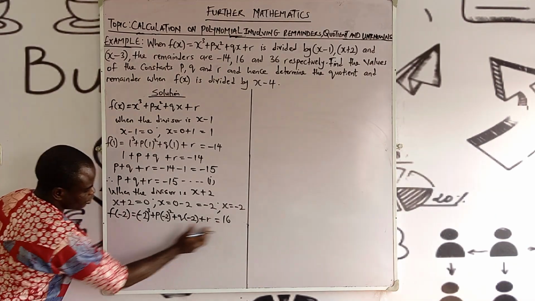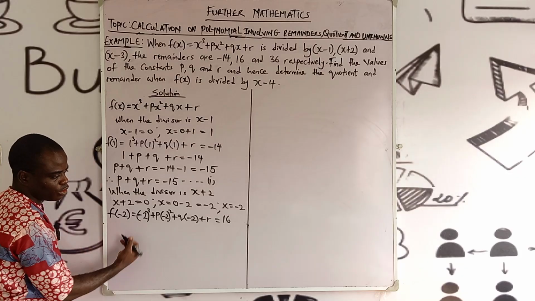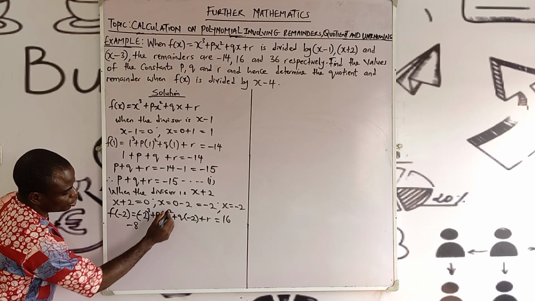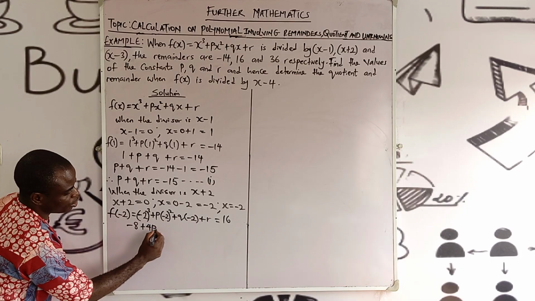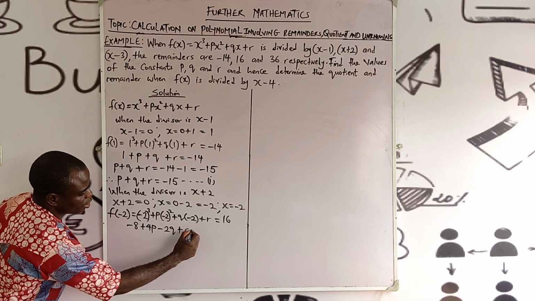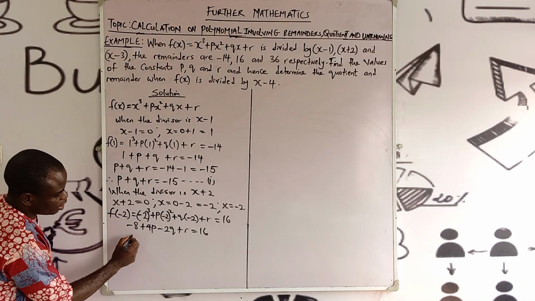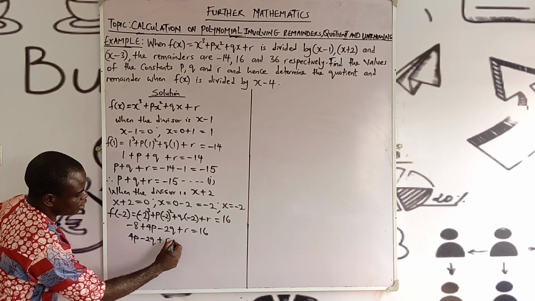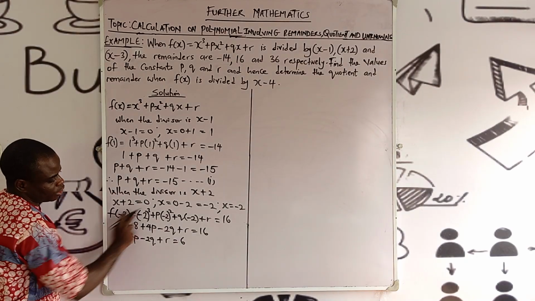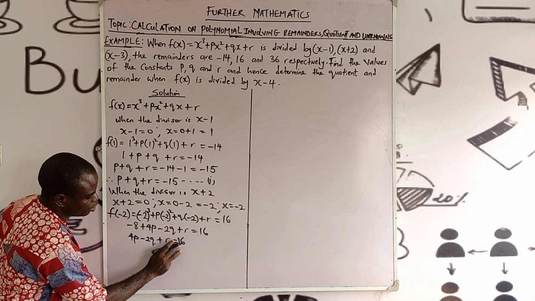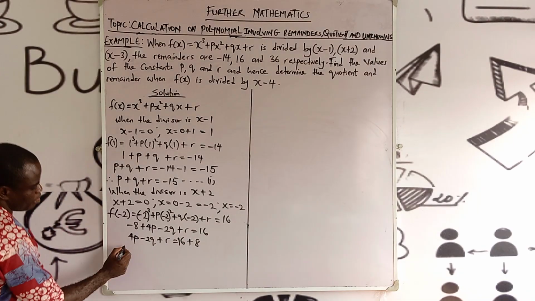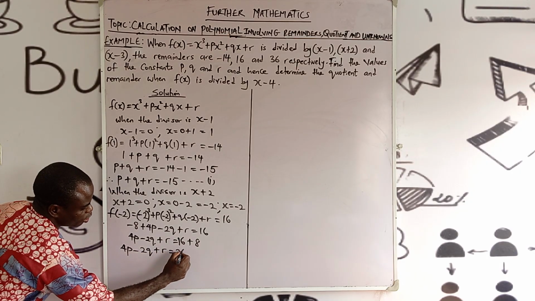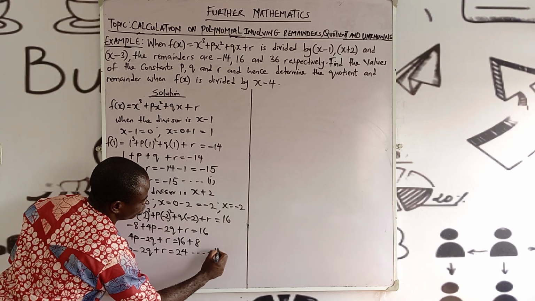Forget about the f of minus 2. Now minus 2 raised to the power 3 is minus 8, minus 2 squared is 4, so 4p minus 2q plus r equals 16 minus 8... taking it across, 16 plus 8, so 4p minus 2q plus r equals 24. Equation 2.